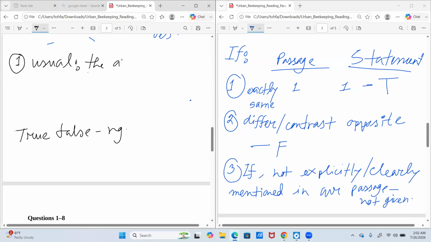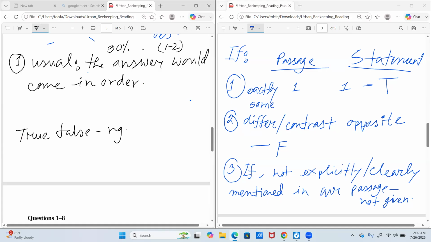It's usual, but we can't guarantee that. It's very likely to happen almost 90% of the time. When true, false, not given is in passage 1 and 2, it's more likely to follow the usual order. But sometimes in passage 3, or in a more difficult passage, they are not in order. But it's a usual scenario to be in order.